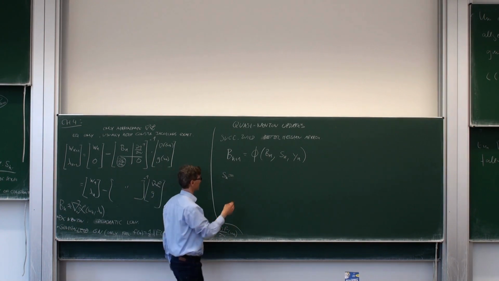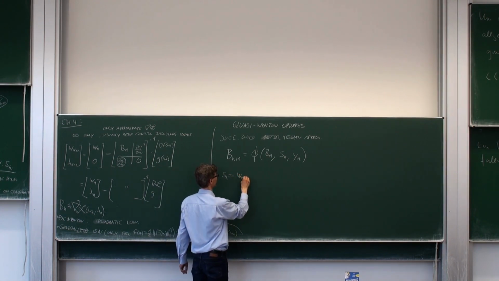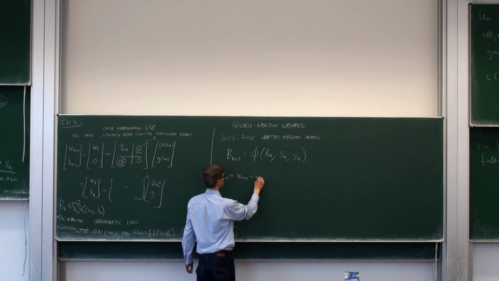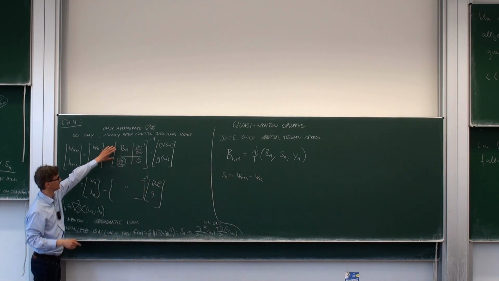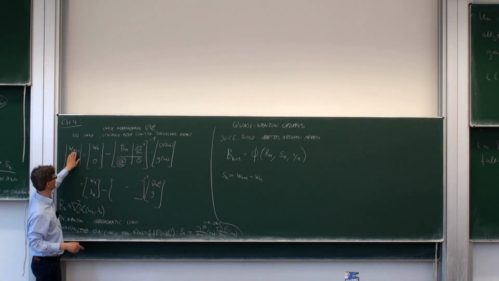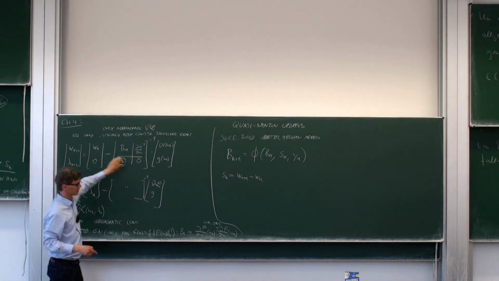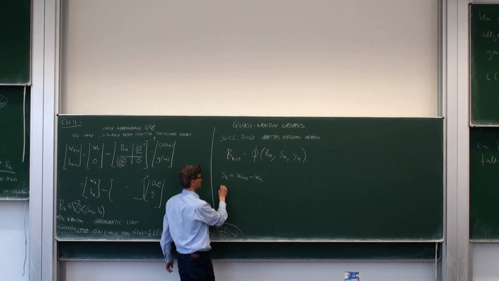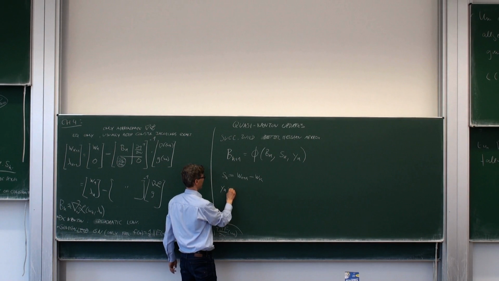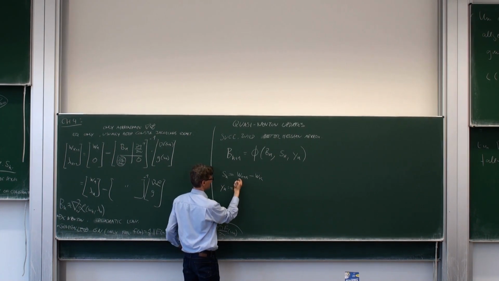And sk is actually wk plus 1 minus wk. So after I have done this whole step, I know both wk plus 1 and wk. So I can define this thing, and for the next Hessian I could use it. And I also define yk, and this is now the Lagrange gradient difference.